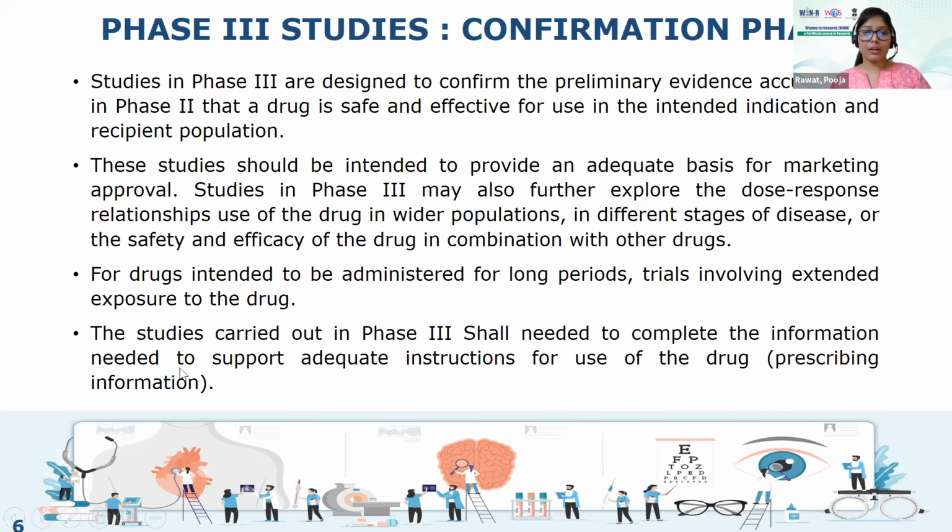For drugs intended to be administered for a long period, the trial involves extended exposure to the drug. The studies carried out in phase 3 need to complete the information needed to support adequate instructions for use of the drug, for example the prescribing information, because after this you are applying for regulatory approval.